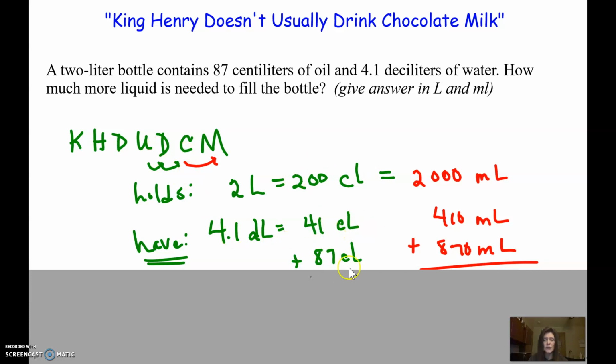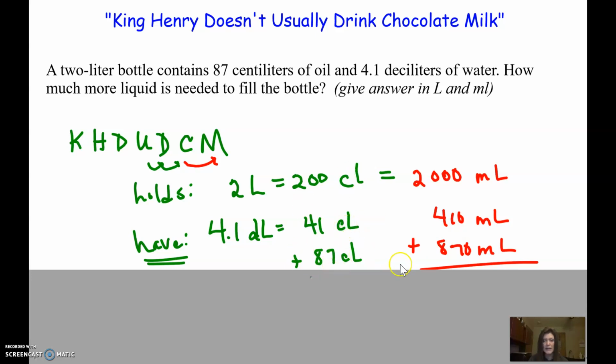So I could add the 2, I could add that with my centiliters here, or I could say, you know what, we're going to end up with milliliters in the end. Let's just keep going. So from deciliters to milliliters, you'd have to move it 2 places, and we'd end up with 410 milliliters. The 87 centiliters that we've been given, well, that's great.